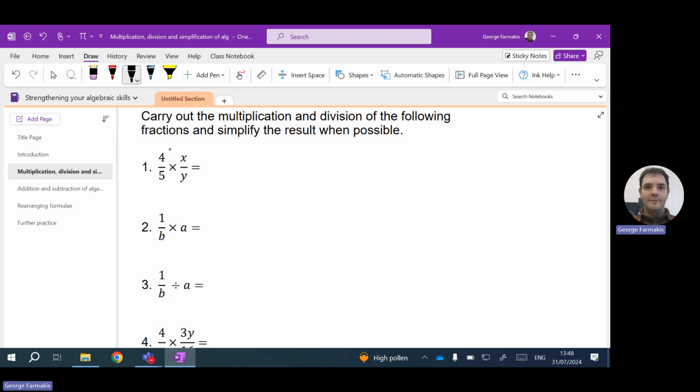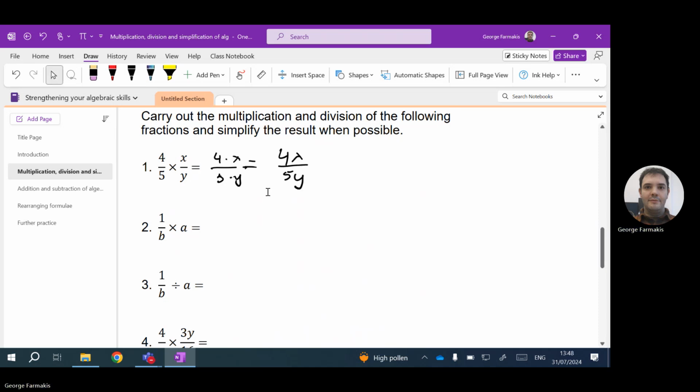So we have 4 over 5 times x over y. What is the rule for multiplying fractions? We just multiply numerators, so 4 times x over 5 times y. You can write this just as 4x over 5y.